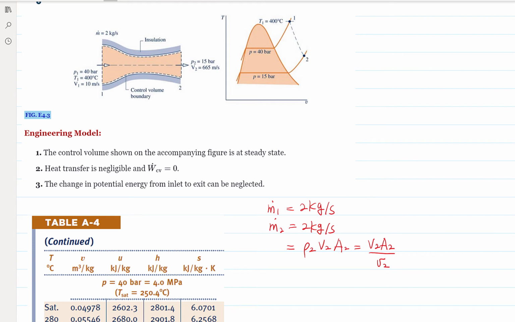And we want to solve it for the area at the exit, which equals mass flow rate times specific volume over velocity at the exit.